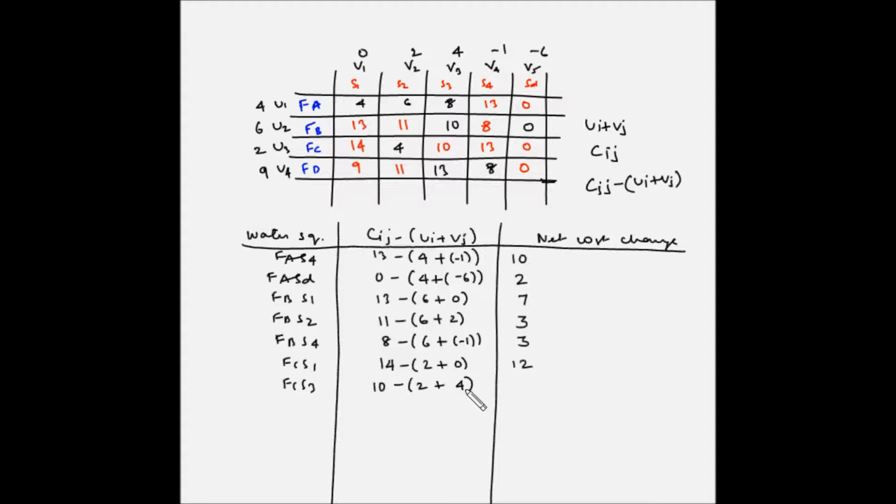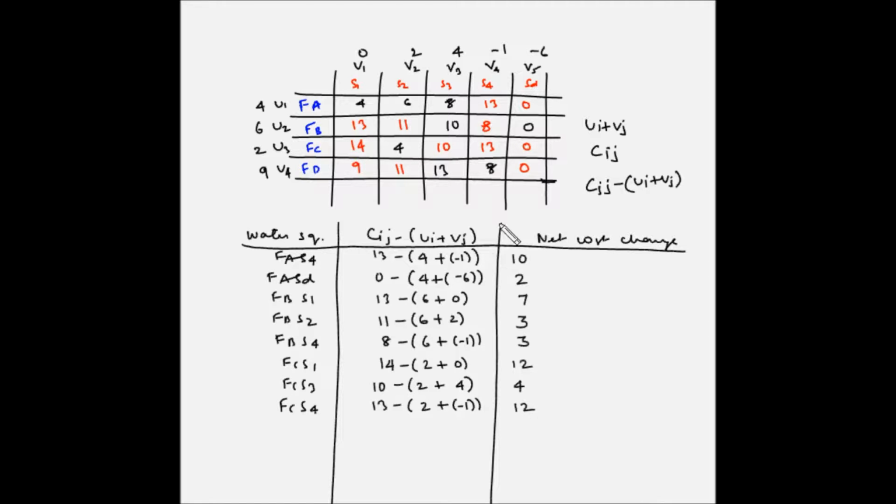So 2 plus 4 is 6, 10 minus 6 is 4. The next water square is F-C-S4, cij is 13, ui is 2, and vj is minus 1. So 2 minus 1 is 1, 13 minus 1 is 12.